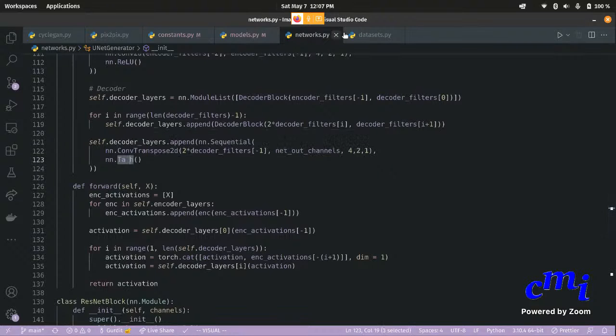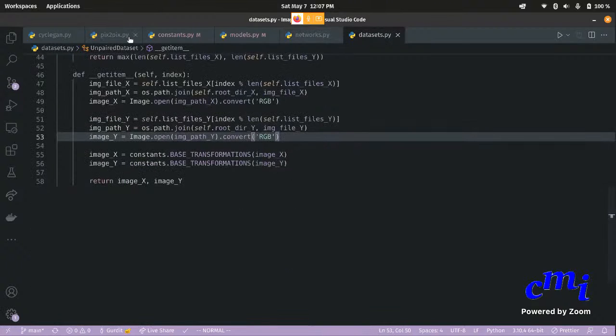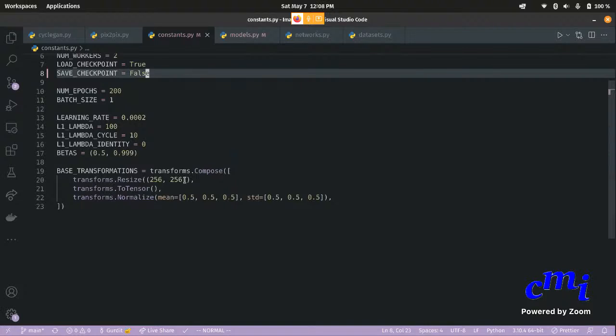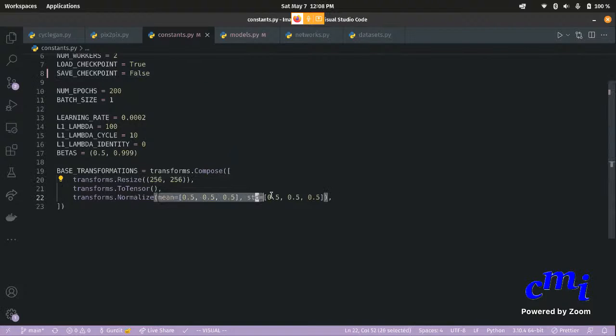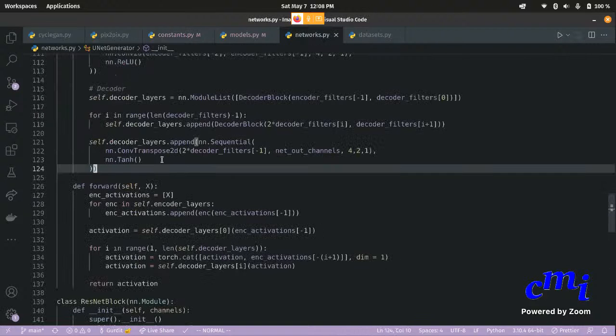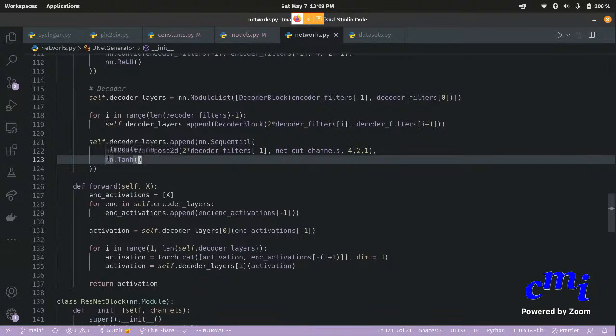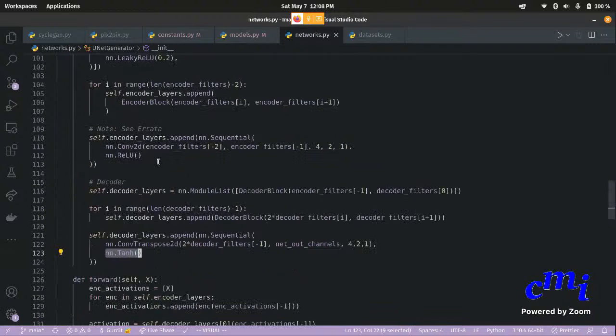I did some image transformation. I resized it to 256 by 256 and normalized it with this mean and standard deviation. So the image is in the range -1 to 1. That's why I pass it through TANH for the generator.